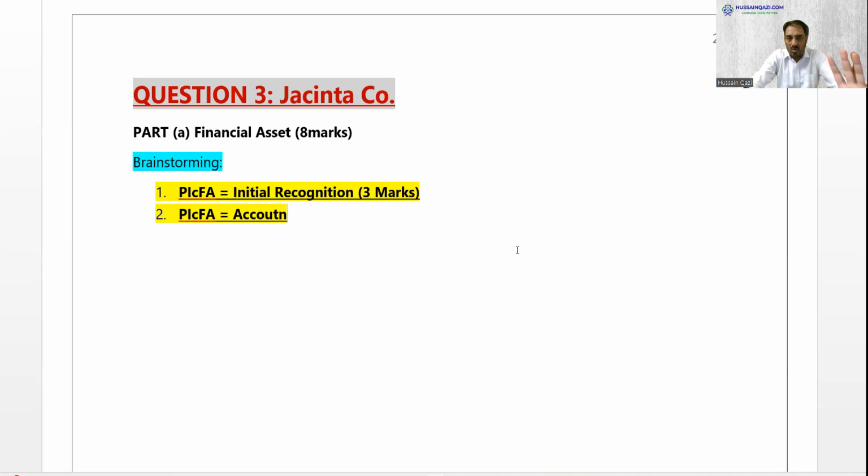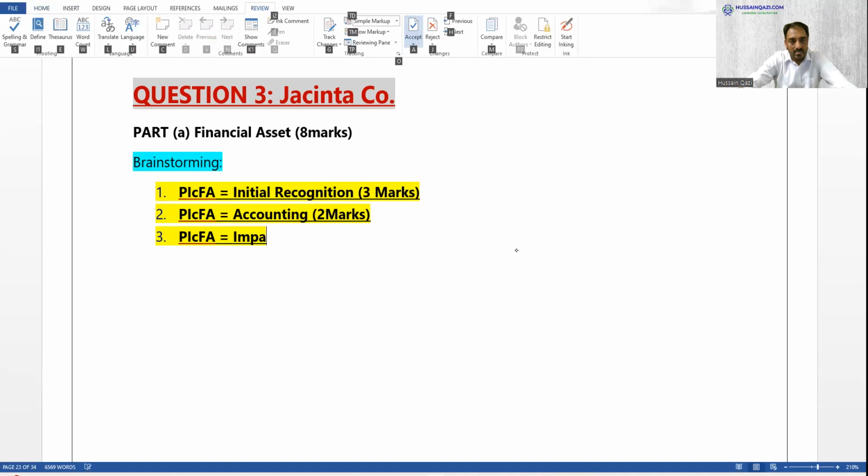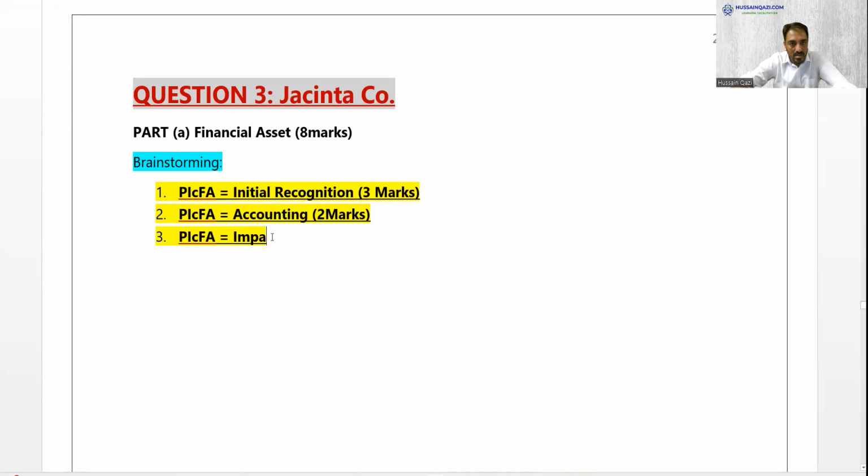Accounting with the original commitment, 2 marks. And then impairment gain, that's 4 marks.